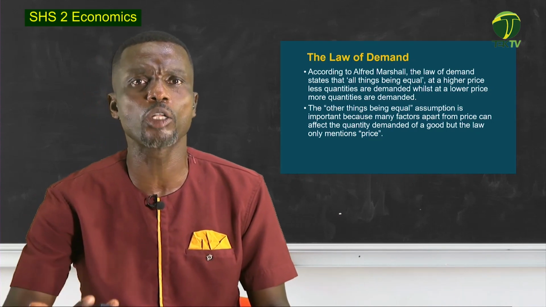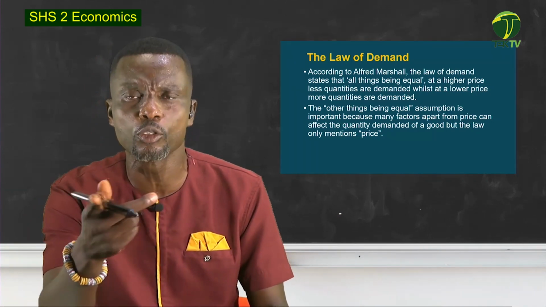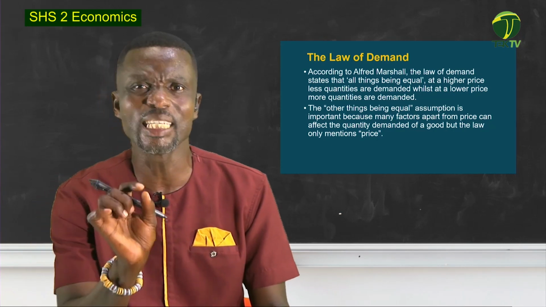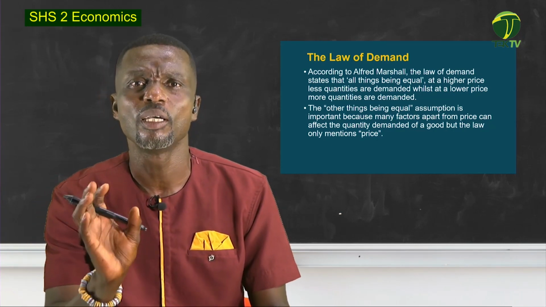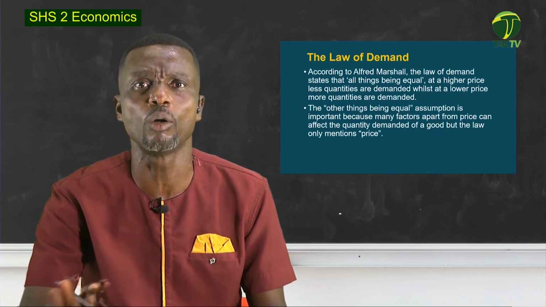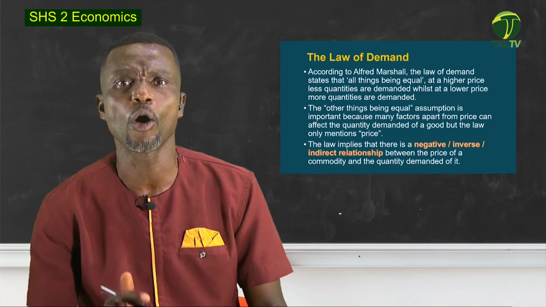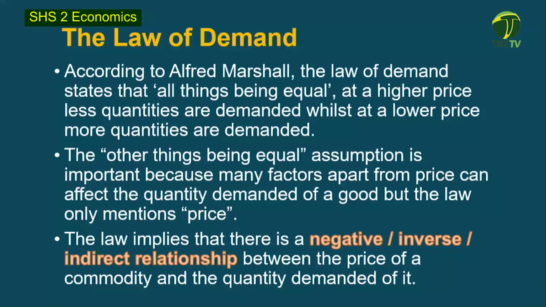There are a lot of factors that may affect your ability to buy. So when you go to the market, you don't only look at price. But in the context of this law, let's assume that price is the only factor. Good. And therefore, the law that we have just stated implies that whenever price increases, consumers will buy less. And whenever price decreases, consumers will buy more.